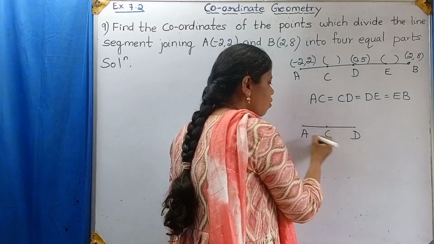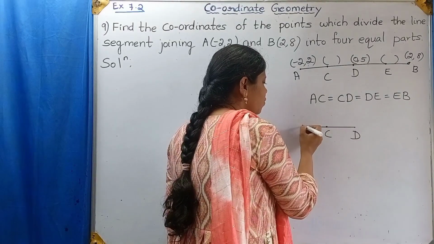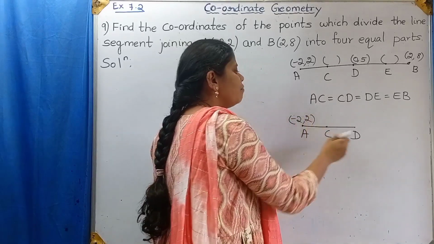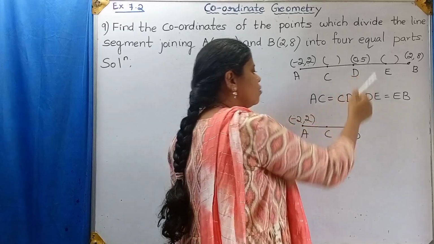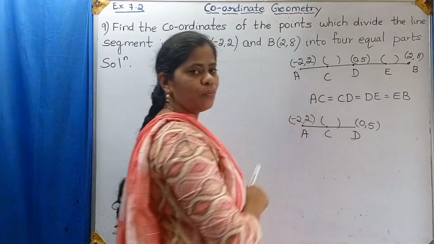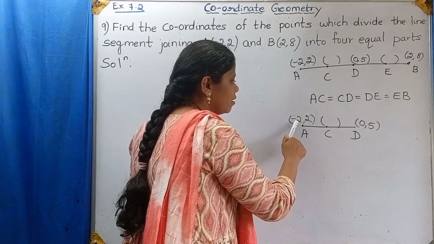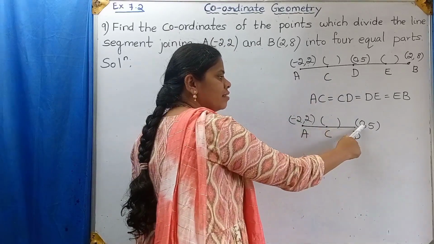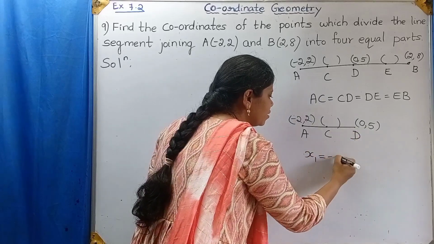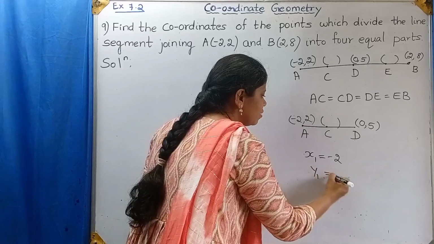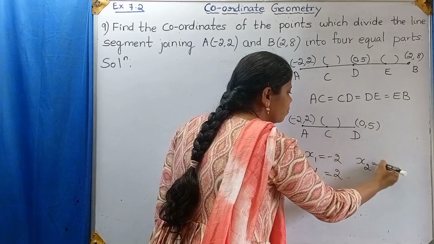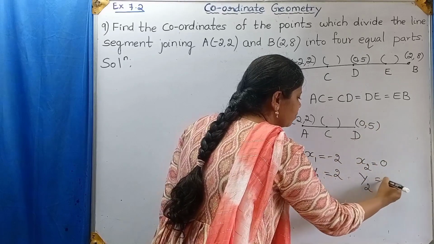We know the coordinate of A, that is (-2, 2), and we know the coordinate of D, that is (0, 5). And we have to find out the coordinate of the point C. Then, this is our (x1, y1) and this is our (x2, y2). x1 is -2, y1 is 2, x2 is 0, y2 is 5.